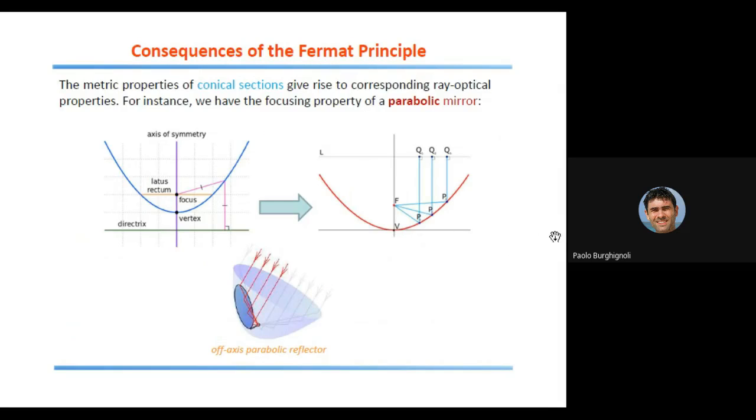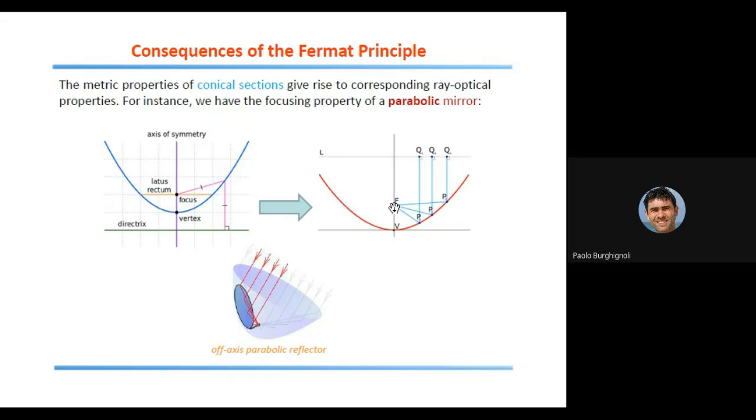But it also has practical applications, because once you have discovered that rays satisfy this variational principle of Fermat, you can draw some conclusions about, for example, reflectors. If you have a parabolic reflector, because of the metric properties of this curve, the distance of a general point on the parabola is equal whether you calculate it from the focus or from the directrix.